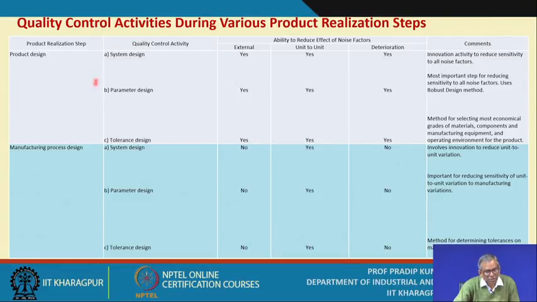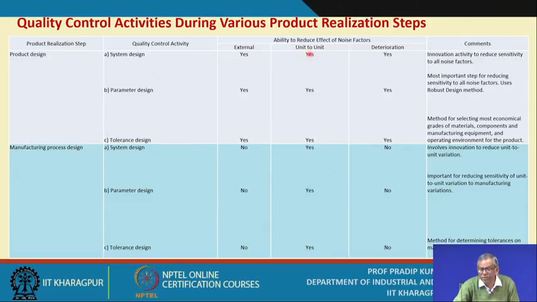These are the three steps, one after another, you have to follow if you apply the Taguchi method. Okay. So the ability to reduce the effect of the noise factors, whether at the system design these external noise factors, whether you can reduce this effect, you say yes, a countermeasure is possible.